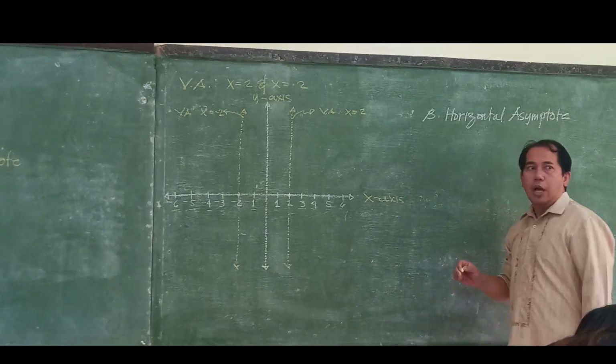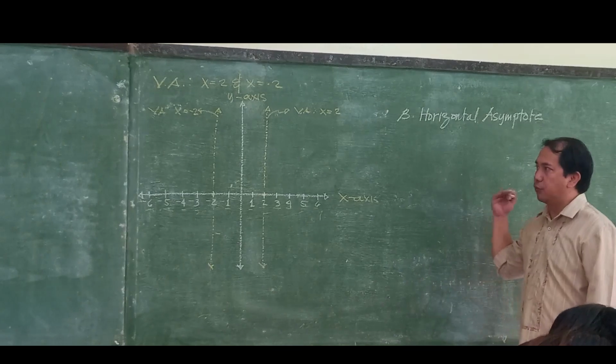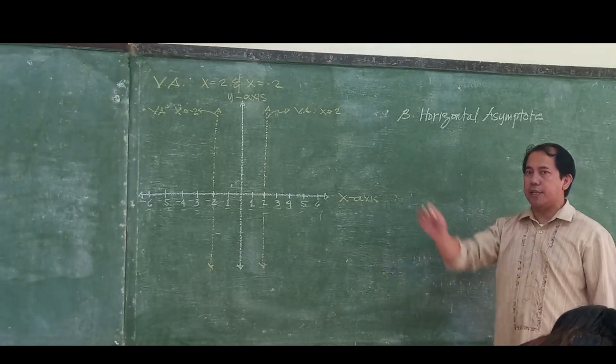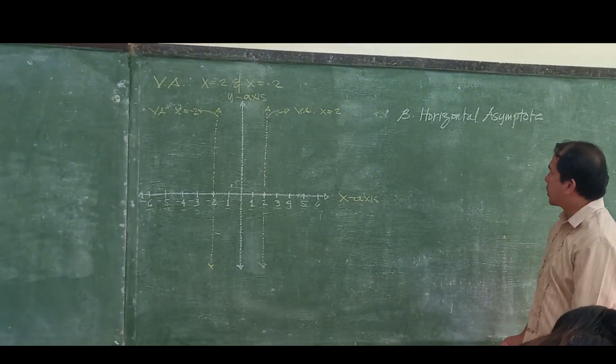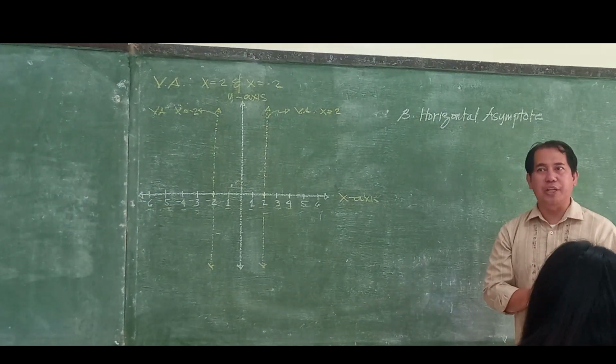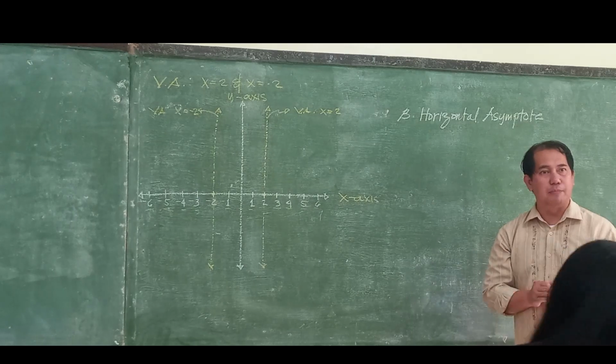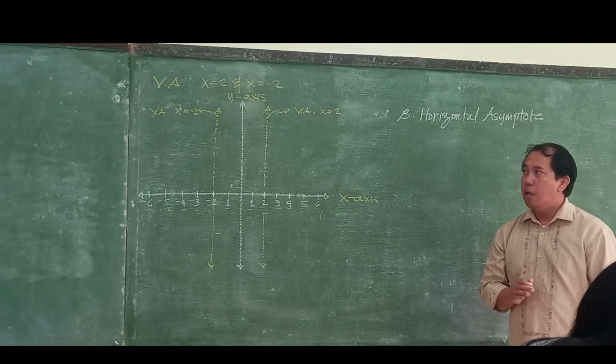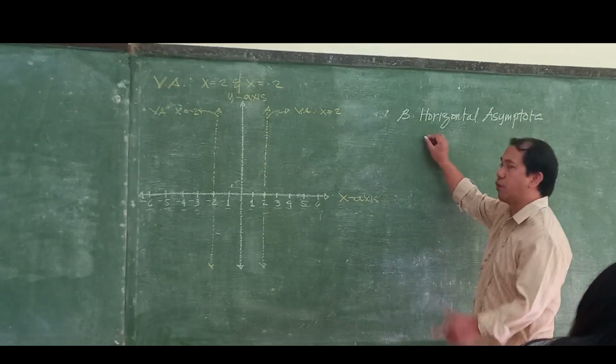I will be making use of this side for the horizontal asymptote. The vertical is in that side. Now notice that there are conditions that we follow in the horizontal asymptote. Do you still remember? Now what are these conditions? Let's just try to have them.